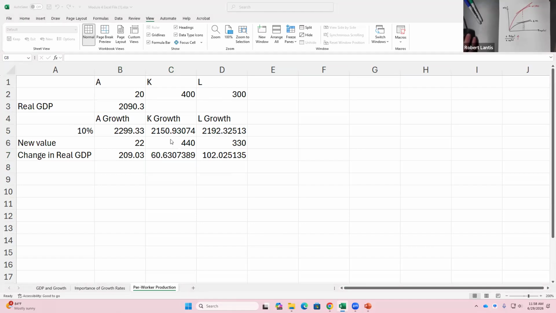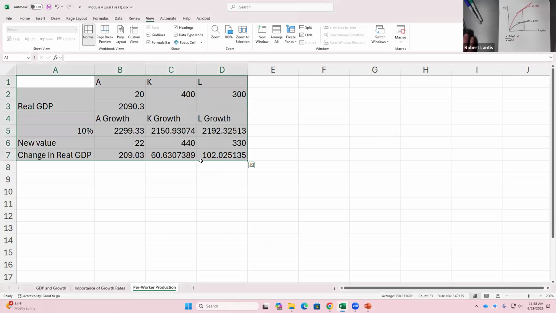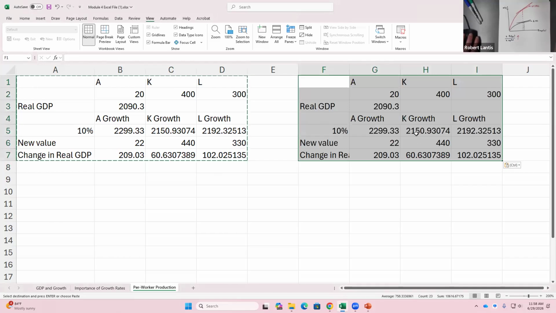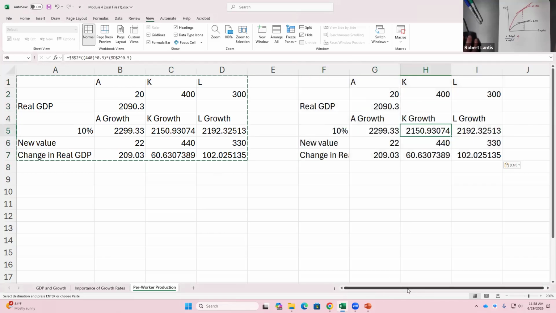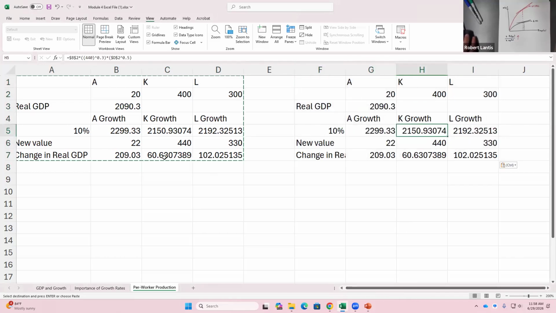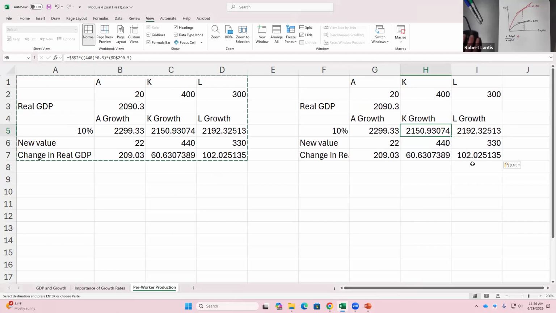So let's assume we have this exact same thing. Now, what I'm going to do here, I'm just going to copy this over so we don't have to make these calculations by hand. So I'm going to have the exact same values. Okay? So over here, yes, 10% changes in capital cause a lower change in real GDP than a 10% increase in labor.